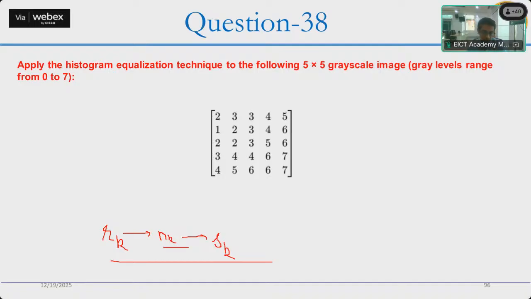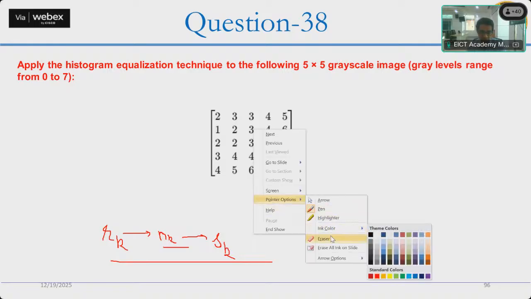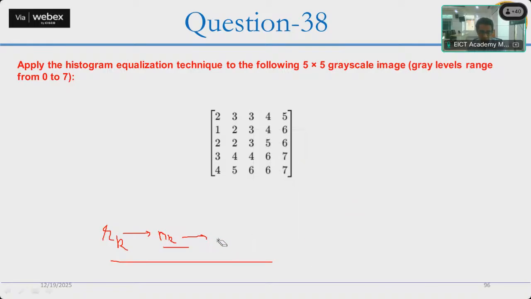Is this S of K, or is it something else? If you remember, what was this value here? This PR of K. After PR of K, what is the value?